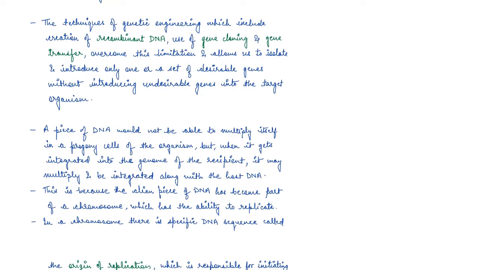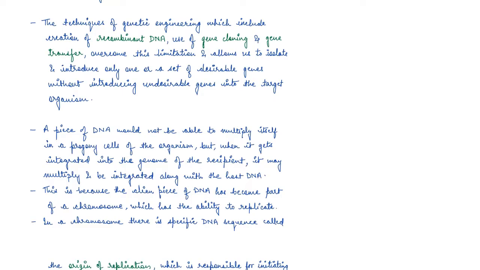This allows us to isolate and introduce only one set of desirable genes without introducing the undesirable genes into the target organism. So in genetic engineering, we target the undesirable gene, remove it, and introduce only the set of desirable genes which are required, right?